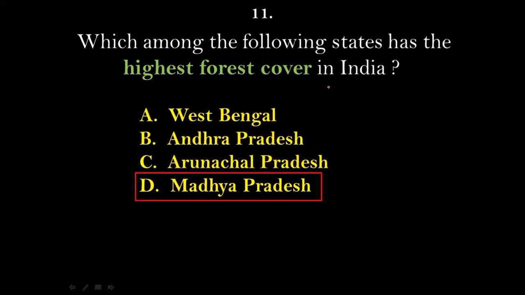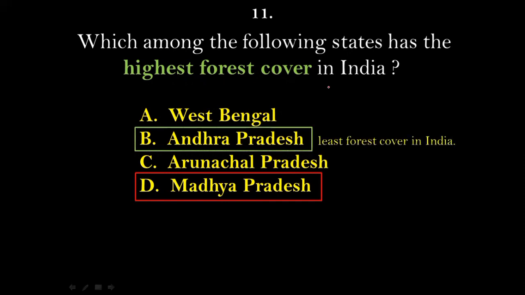Now, as we talk about the highest forest cover in India, which is Madhya Pradesh, we should also keep in mind the least, or the smallest, forest cover in India, which will be Andhra Pradesh. And the second highest forest cover in India will be Arunachal Pradesh. These are the three important facts which we should keep in mind. The highest forest cover in India will be Madhya Pradesh, the smallest forest cover will be Andhra Pradesh, and the second highest forest cover will be Arunachal Pradesh, from the northeastern region of India.